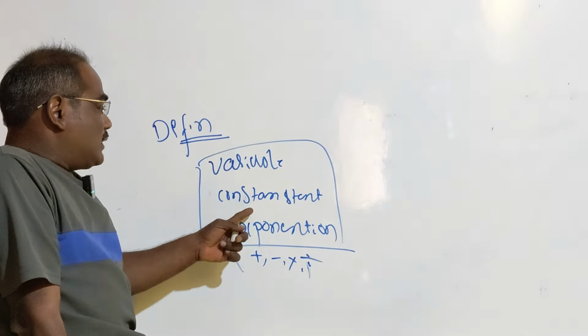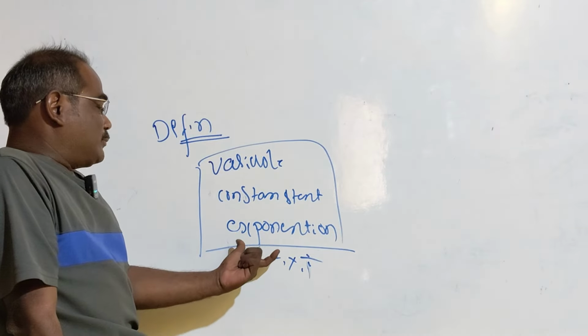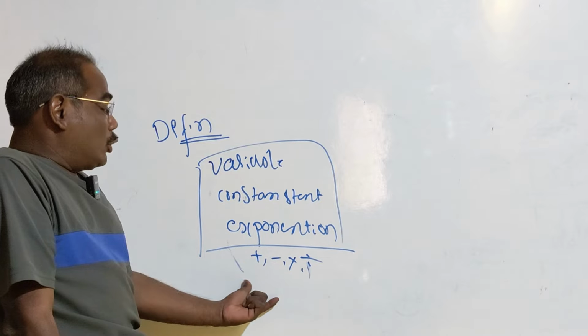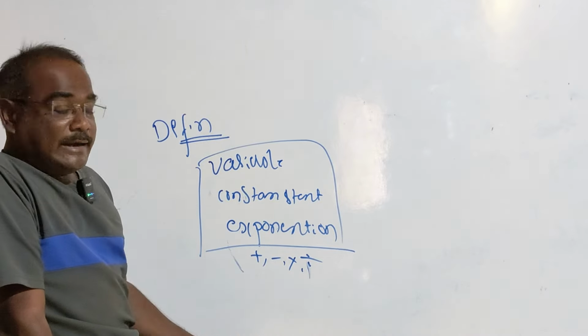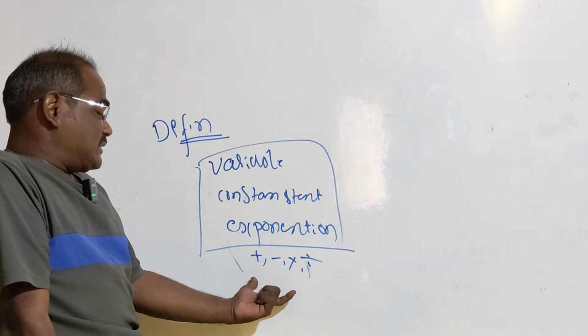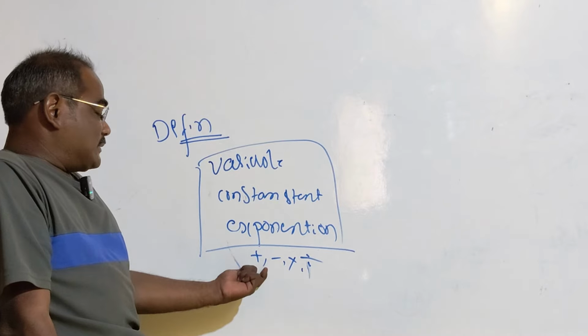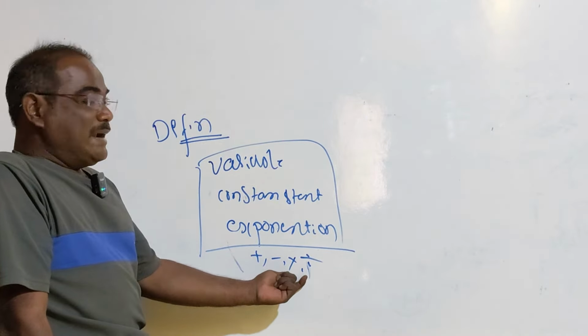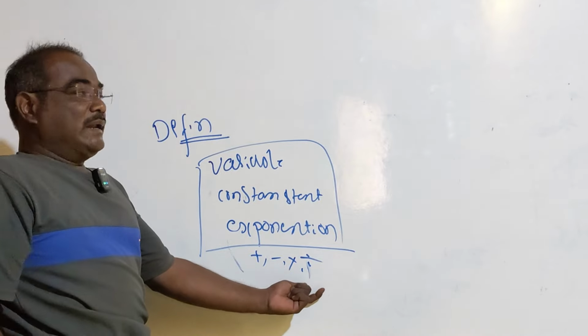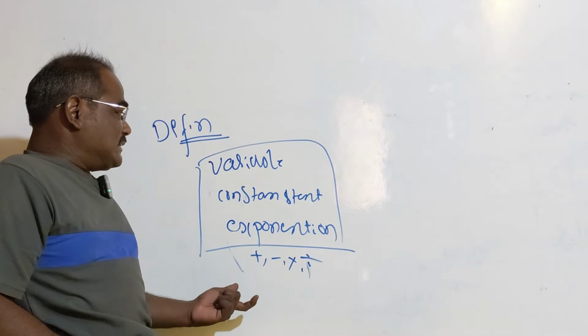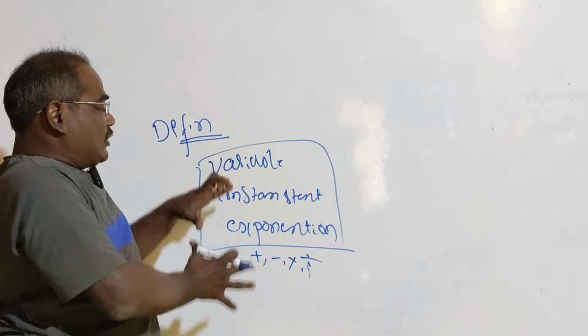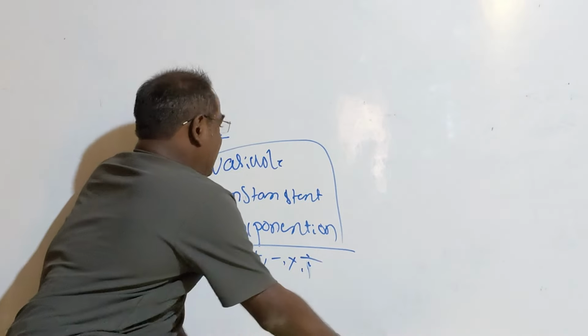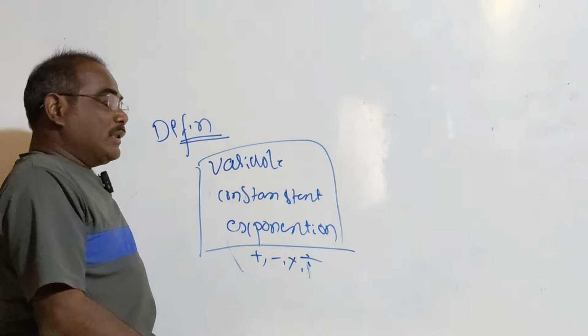These are the connectors. The combination of all these is a polynomial.